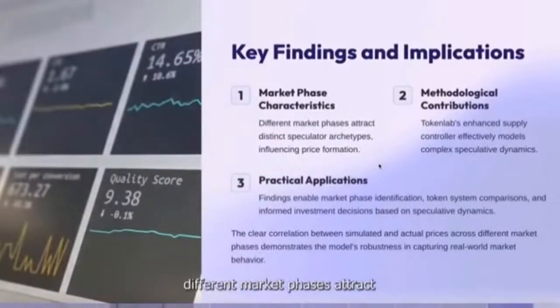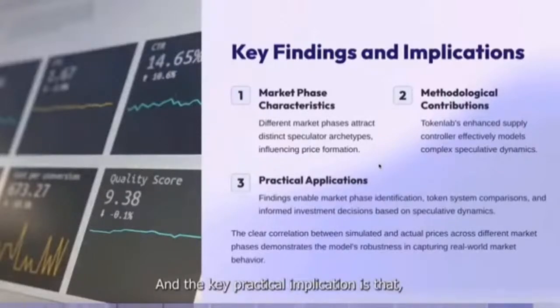What are the key findings and implications? First of all, different market phases attract distinct speculator archetypes, which influence the price. There were some enhancements we made in Token Lab as part of this research, which will allow you to experiment with your own dynamics, and to either study existing projects or run simulations for new and up-and-coming projects. Let's say you're thinking of launching your own project. You need to run some simulations to better understand how to adapt some of the parameters.